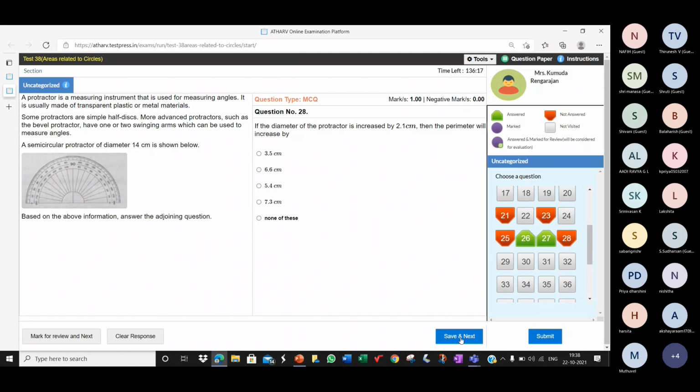The radius originally is 7. What's the new radius? 8.05.